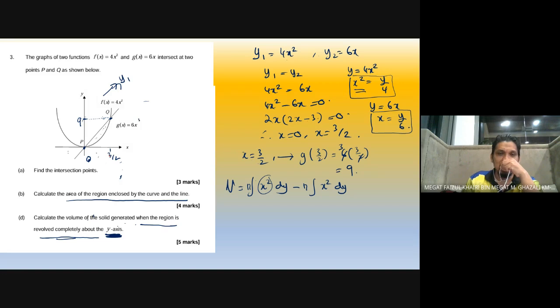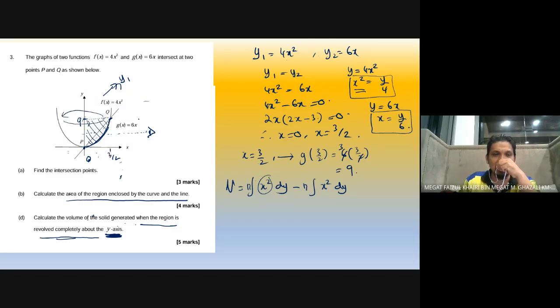So guys, girls, if you look at this graph, from this side to the y-axis, which function is above the other one? This curve, right? If you integrate, it gives you this area, rotated 360 degrees about the y-axis.